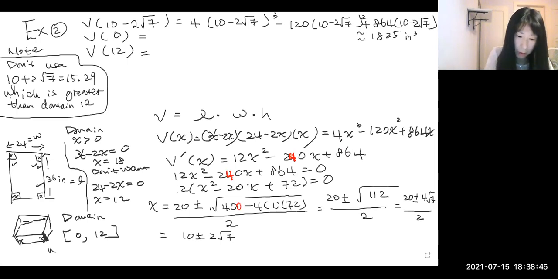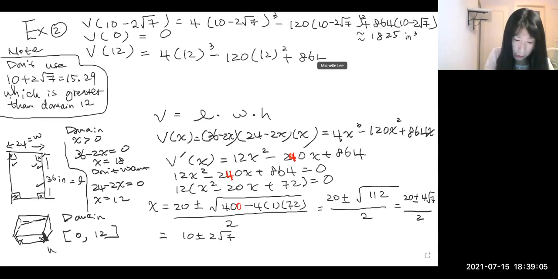It's 0. How about 12? 4 times 12 to the third power, minus 120 times 12 to the second power, plus 864 times 12. Can you please calculate that?